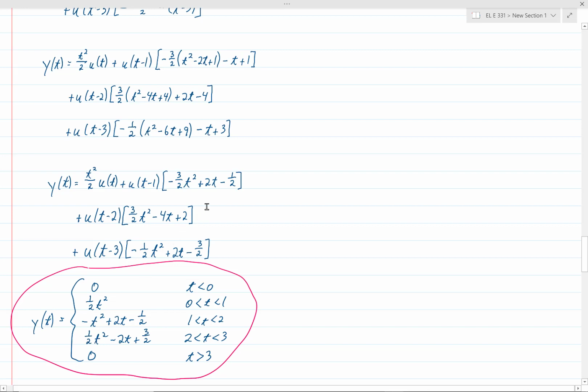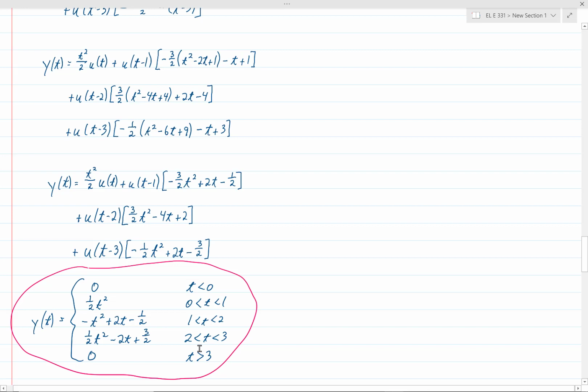And then I get a 2t here, and minus 4t here, so I have minus 2t, as you can see right here. And then finally I have minus 1/2 plus 2, so plus 3/2. So that's the expression for when t is between 2 and 3.